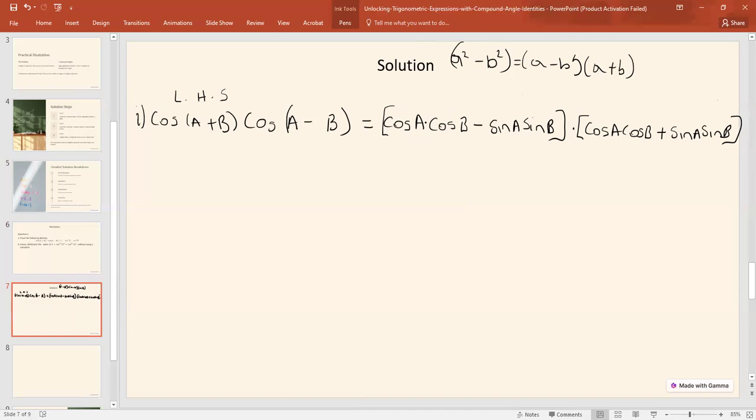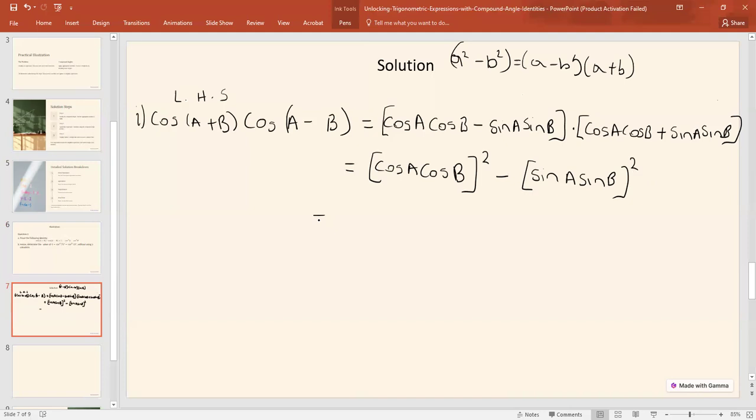This little a is more or less like cosine of A times cosine of B, and the little b is more or less like sine of A times sine of B. So this can be written as cosine of A times cosine of B all squared, minus sine of A times sine of B all squared.